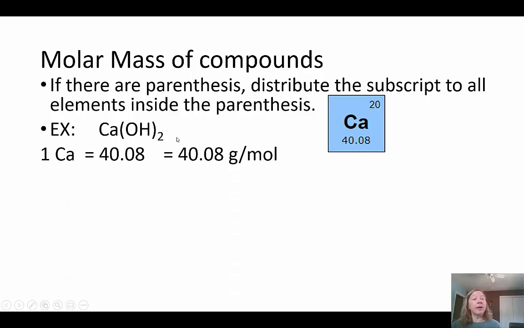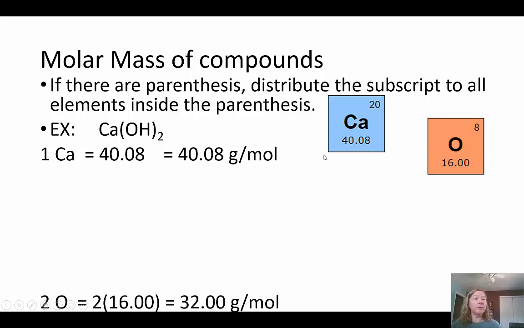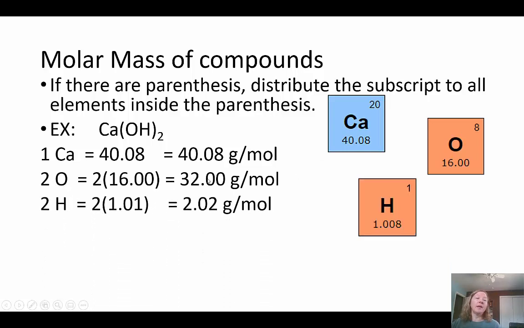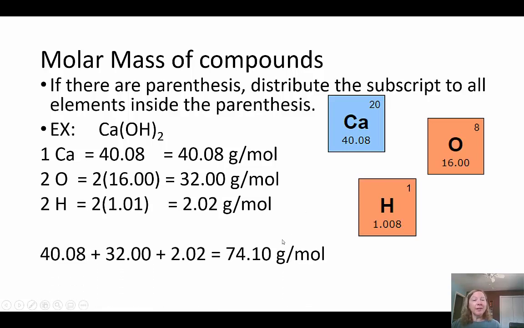To calculate its molar mass, we have 1 calcium. If you look on the periodic table, it is 40.08 grams per mole. Oxygen is 16. There are 2 of them, so we'll double that, make it 32.00. And the hydrogen, 2 times 1.01 gives us 2.02 grams per mole. Add those all up, and we get 74.10.